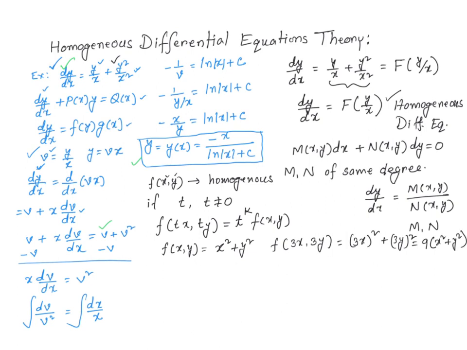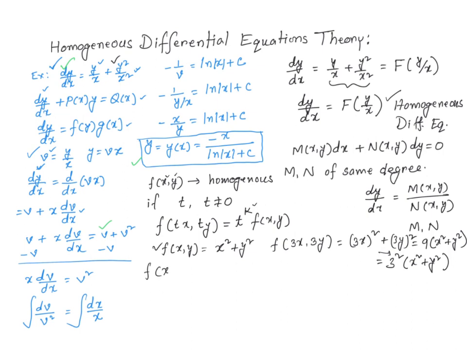That is the same as 3 squared times x squared plus y squared. Do you see that the degree here is 2? This k is equal to 2 and t was 3. So this function is homogeneous.